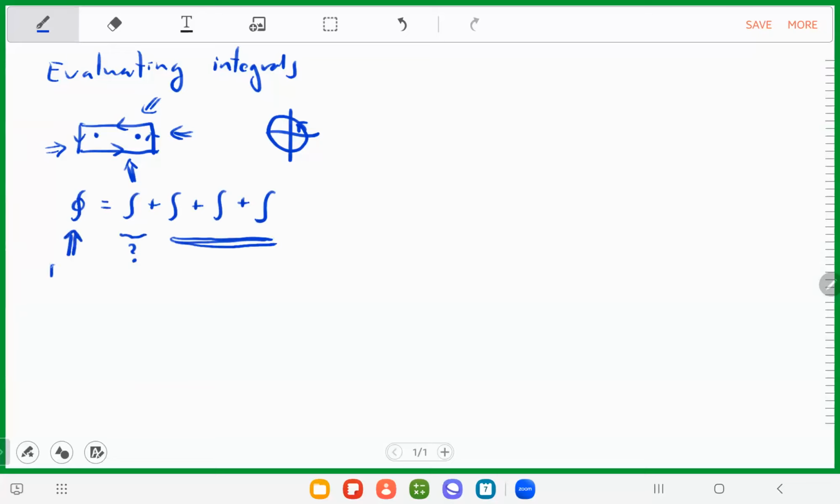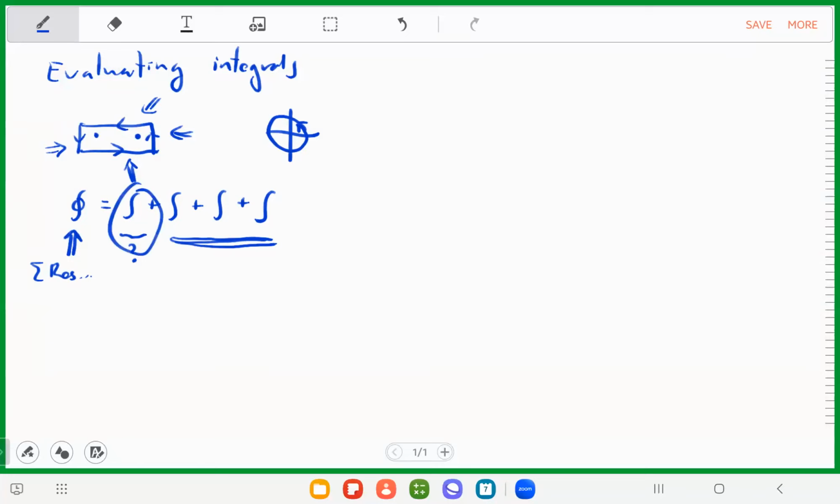We know we'll have a sum of residues, etc. So we know how to calculate the left-hand side, and on the right-hand side we need to know some of them, so we can evaluate the one that is interesting for us.